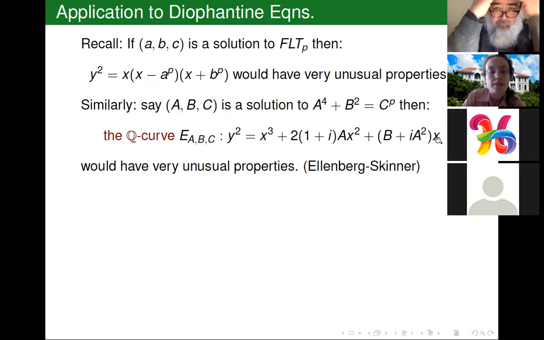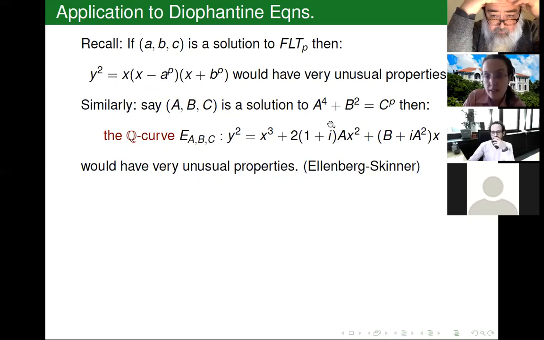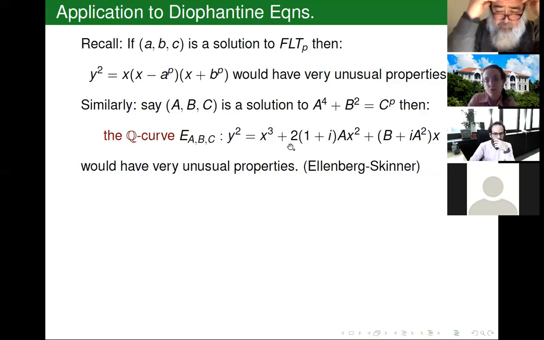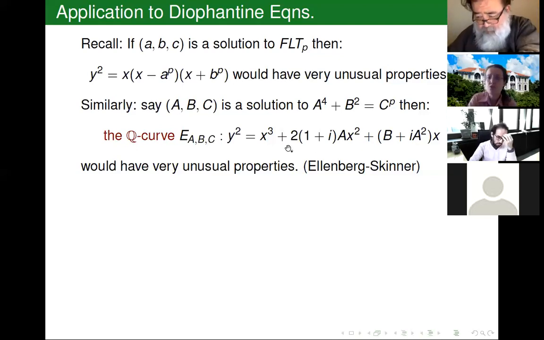And this time, this is a curve, as you see, not defined over Q. We have i's here. So it's an elliptic curve defined over the field Q(i). And it's a Q-curve. Okay? It's isogenous to its only Galois conjugate.